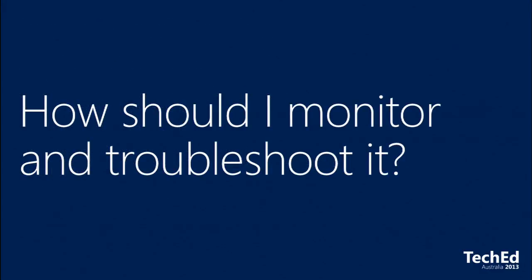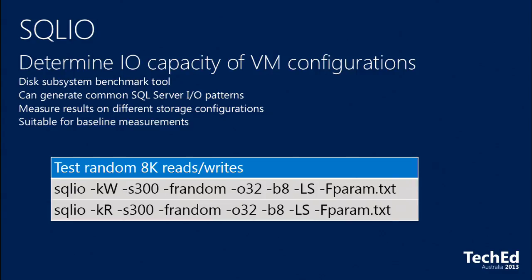Now, if you look at monitoring and troubleshooting, if you're looking at the I/O capacity, SQLIO is still a good tool for doing this, even in this environment. Now, there are several tools in this set of undocumented, or not undocumented, but unsupported tools. There's one called SQLIOSim that was part of the I/O stress stuff in previous times.